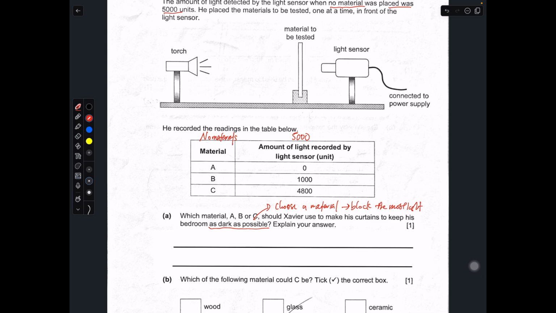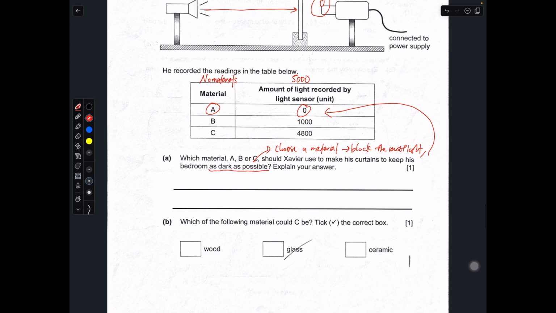When it blocks the most light, you will have the lowest amount of light detected by the sensor. When the light comes through here, most of it is blocked, so nothing is recorded at the sensor and it remains 0. So we should choose material A. Now we're going to try to answer this question, so I'll make a choice.